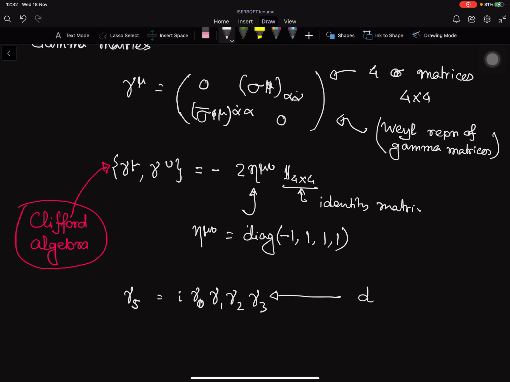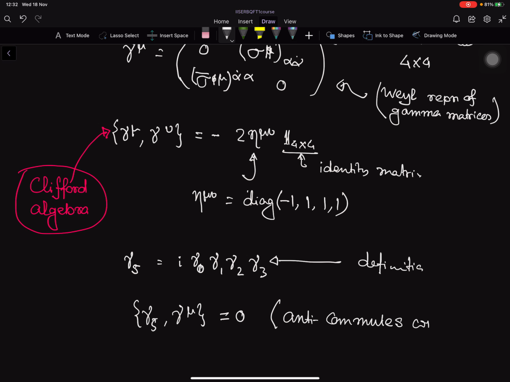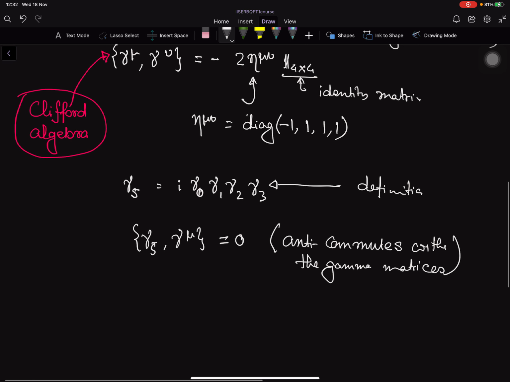So this is the definition, and you can check that this anti-commutes with all the gamma matrices. Okay, and this is often called the chirality matrix.